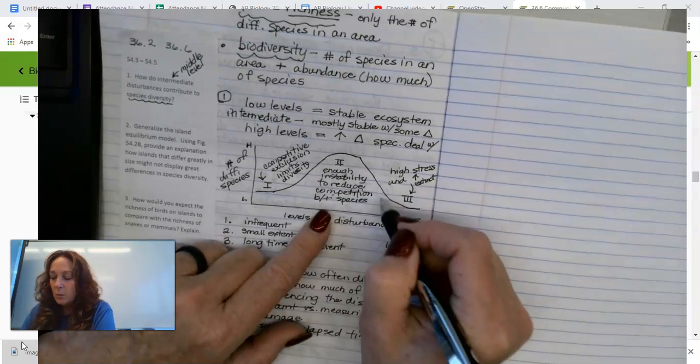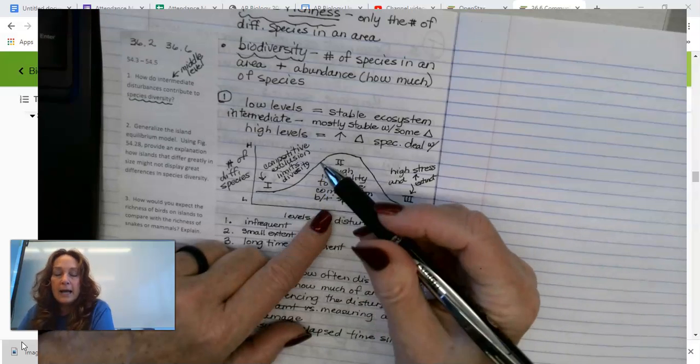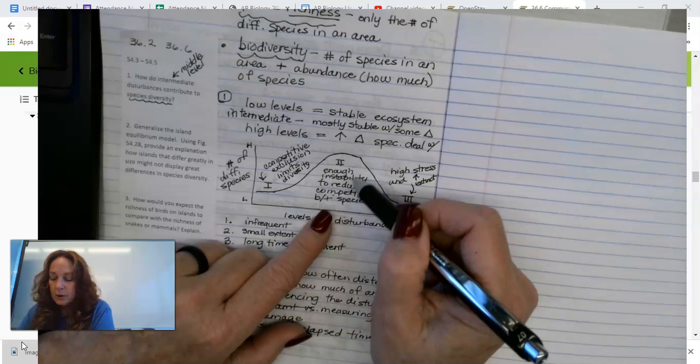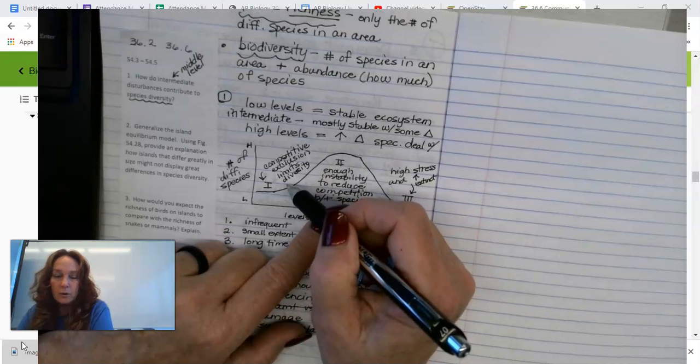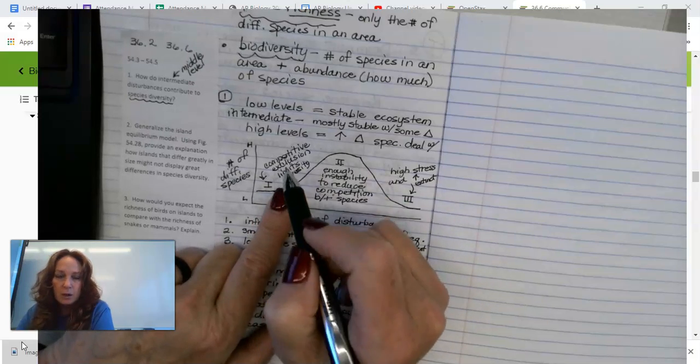So this is the way that it works, and that's why intermediate favors higher numbers, because you shake it up enough that you don't end up with these just dominant pieces. Because competitive exclusion is what we talked about last time.